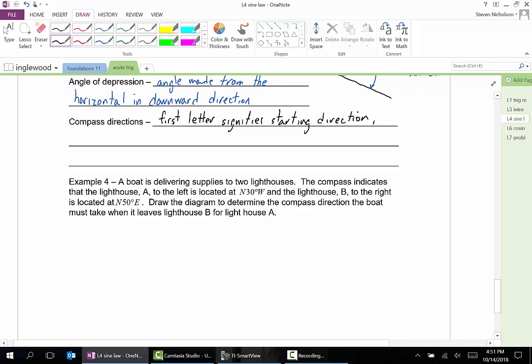The number represents the degree rotation. And the last letter tells you which way. So we'll do a couple of these down here so you see what I mean.